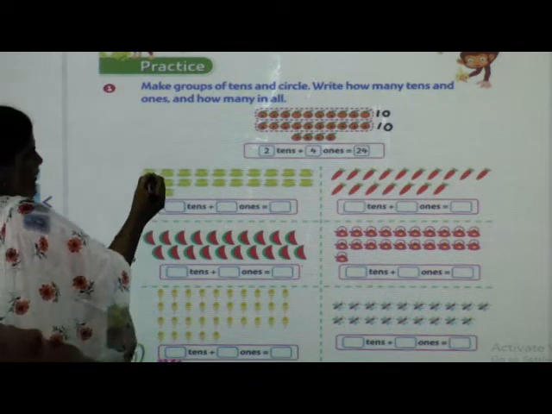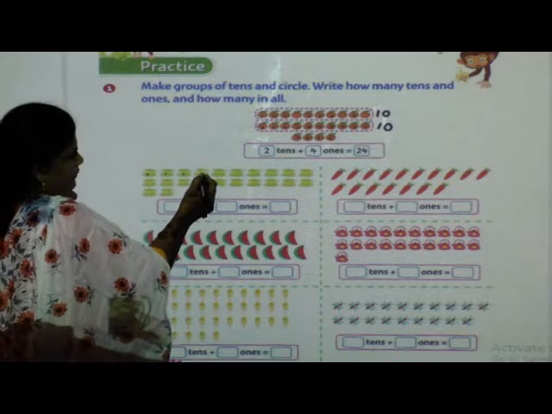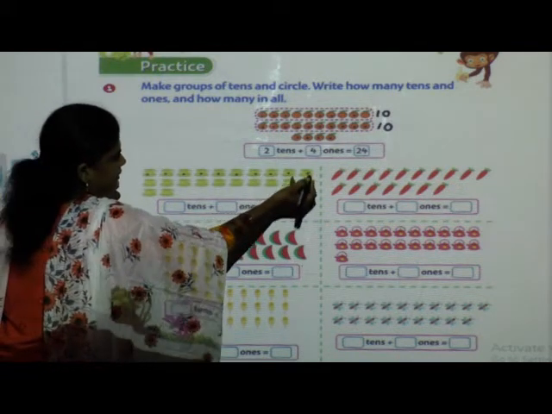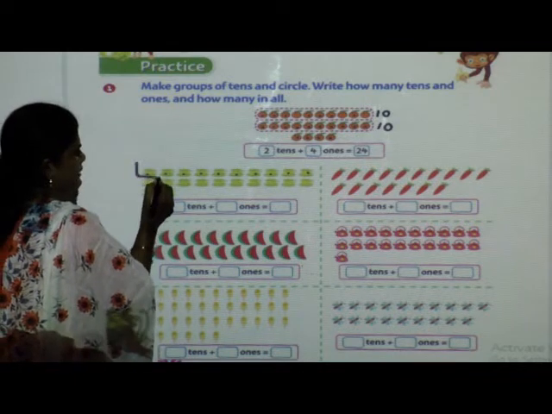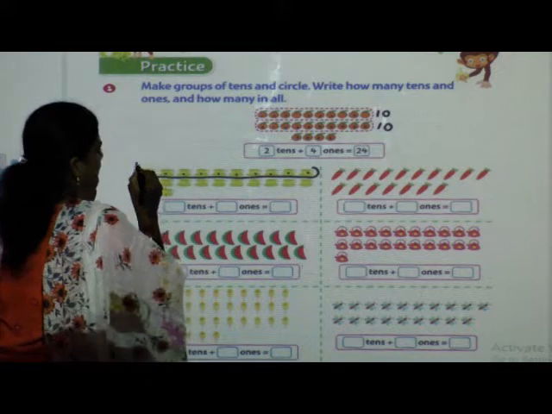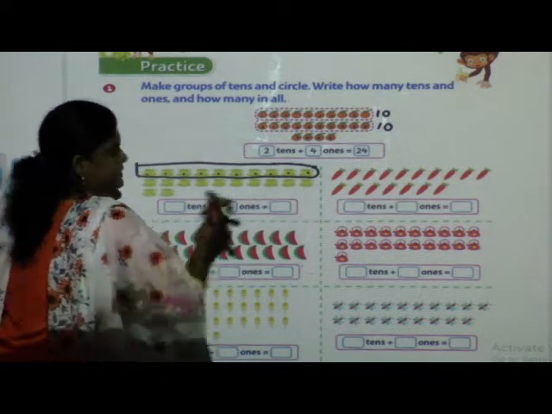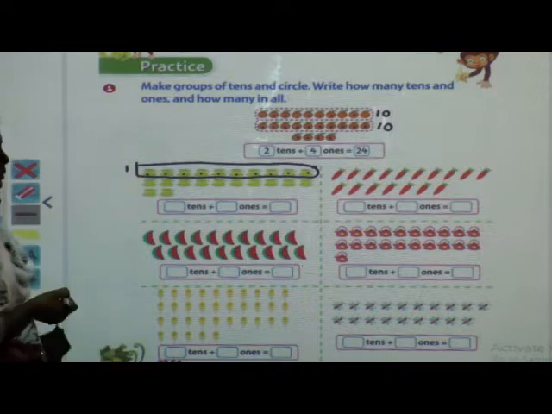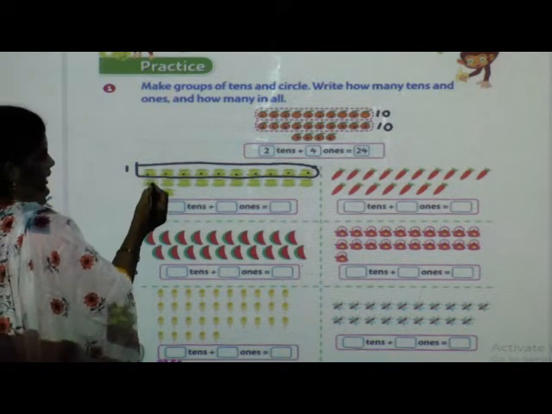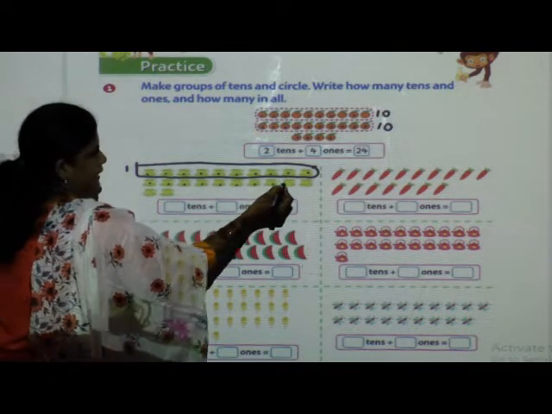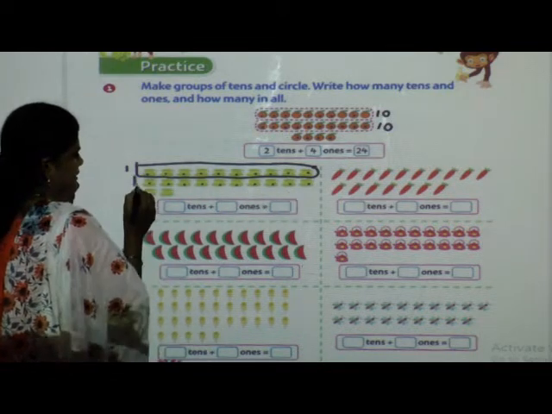See now, count 1, 2, 3, 4, 5, 6, 7, 8, 9, 10. So we have to make a bundle of 10. Now another one. See here the bundle of 10 is 1. 1, 2, 3, 4, 5, 6, 7, 8, 9, 10.